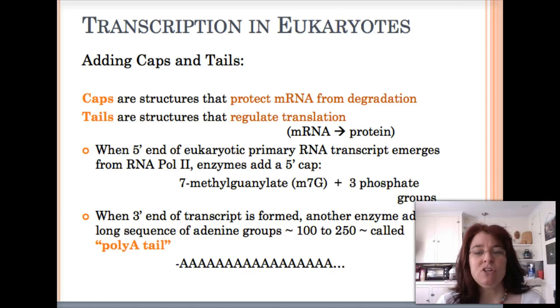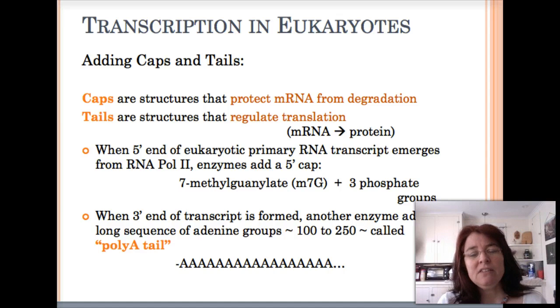The cap structure actually helps protect the mRNA from degradation. This mRNA, as you remember from earlier lecture material, is never going to assume a full tertiary shape, so it is definitely susceptible to degradation. The cell only needs this mRNA to survive long enough to be translated, but it does need to survive that long.